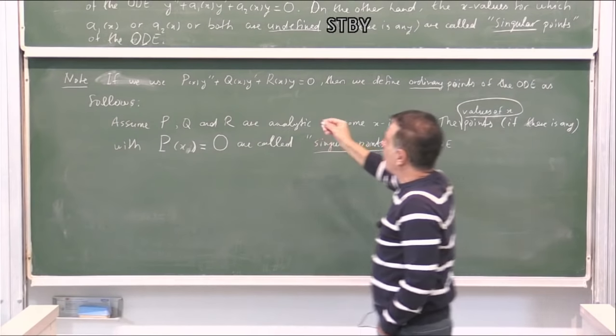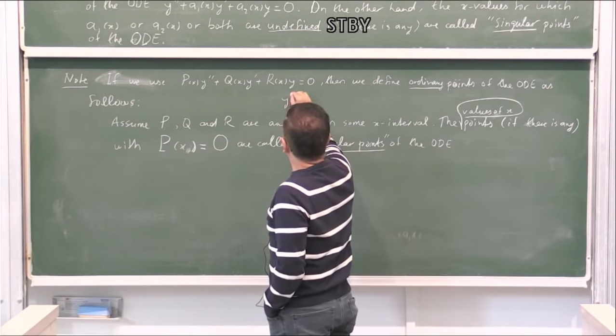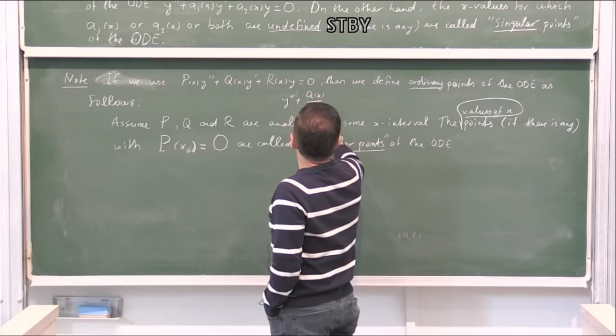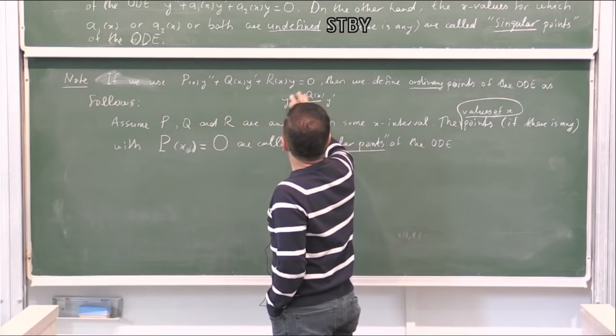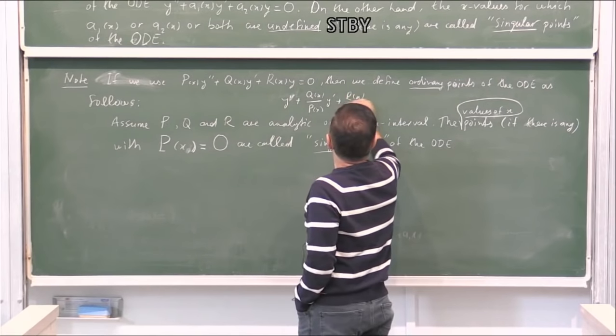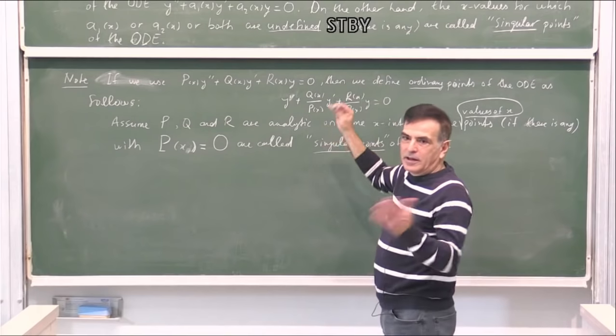Actually, if you write the equation in that form, y double prime plus q of x over p of x y prime plus r of x over p of x y equal to 0, okay? Because P, Q, and R are analytic.